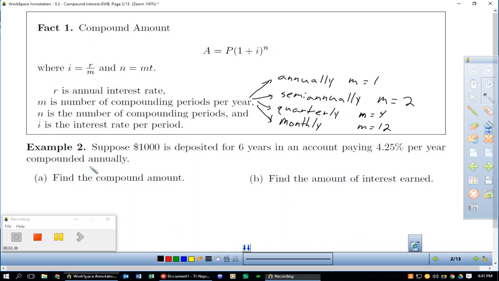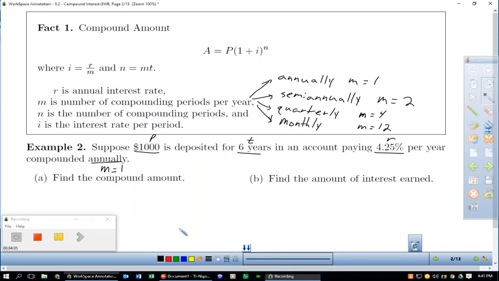Example 2: suppose $1,000 is deposited for 6 years. I'm going to go ahead and underline this. That is our principal, the deposited amount, for 6 years in an account paying 4.25% per year, compounded annually. Annually says that M equals 1.